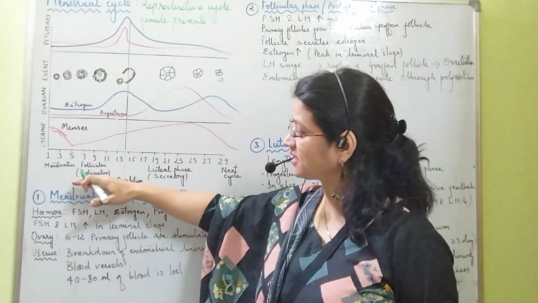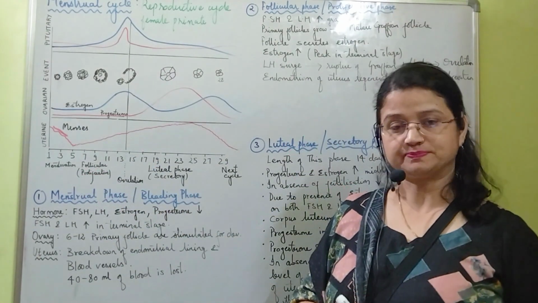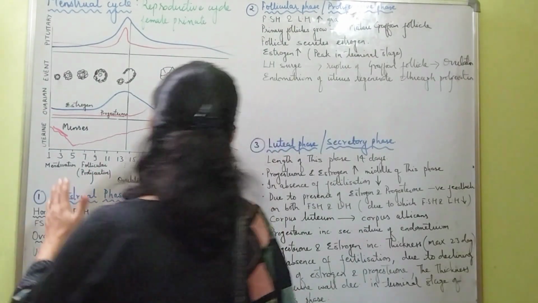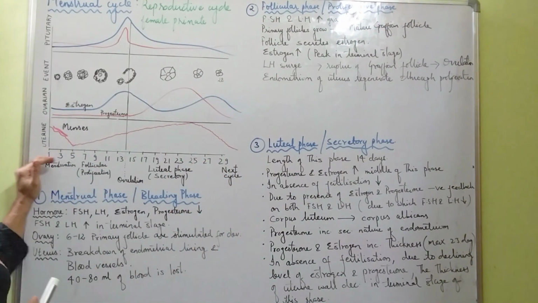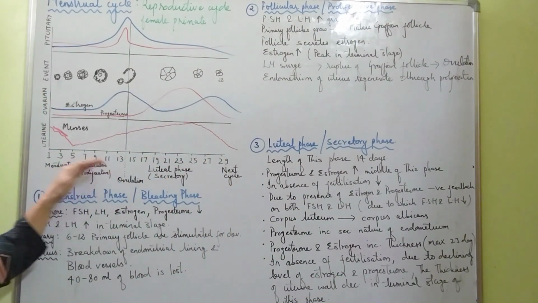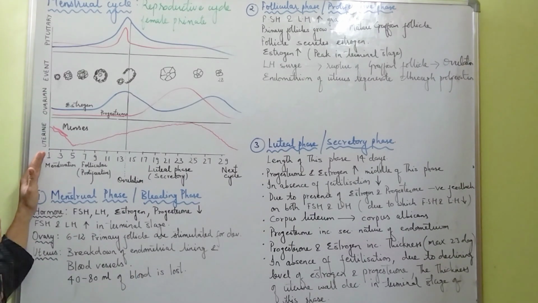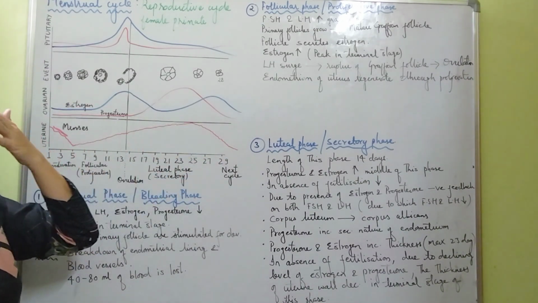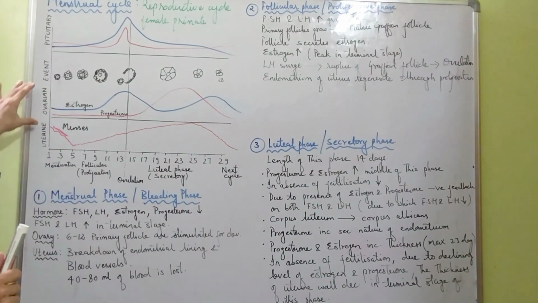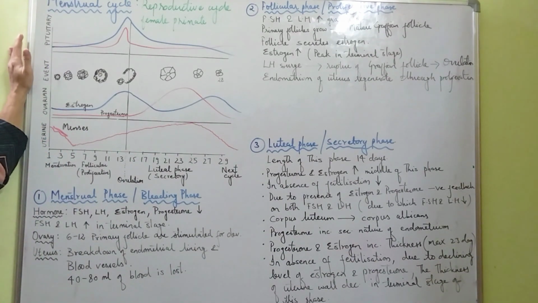We will see what happens during these phases. Clear? I have drawn the cycle here, with the number of days. We start from day 1 when the menses begin, up to the 29th day. Here I have written all the changes which take place.